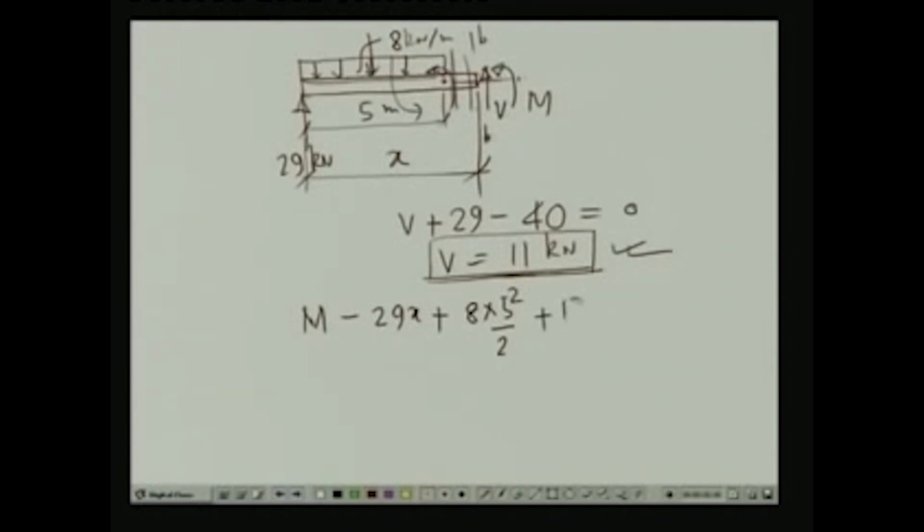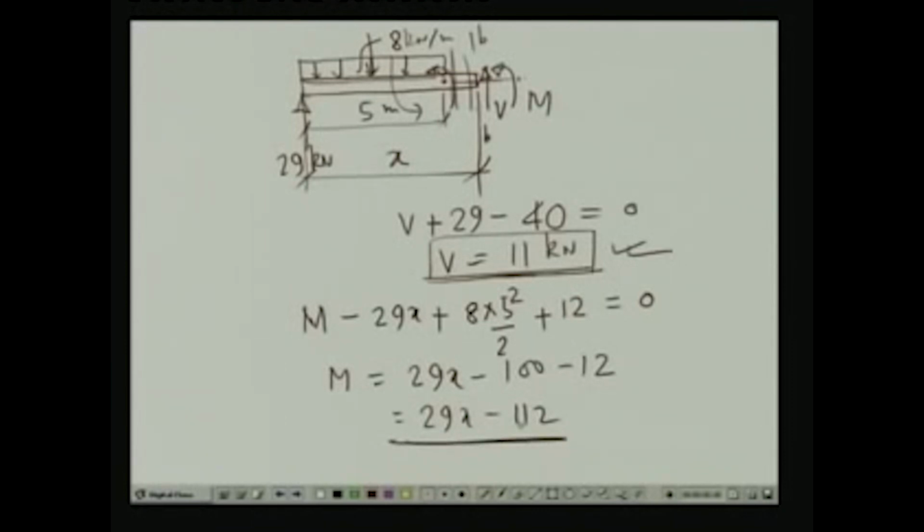So, this is 12, this is equal to 0. Now, from this we have M is equal to 29x minus, this is 100, minus 12. So, this gives us a value of 29x minus 112.